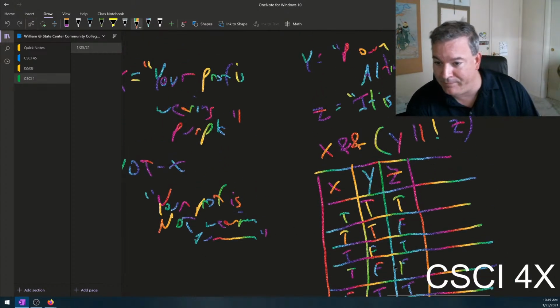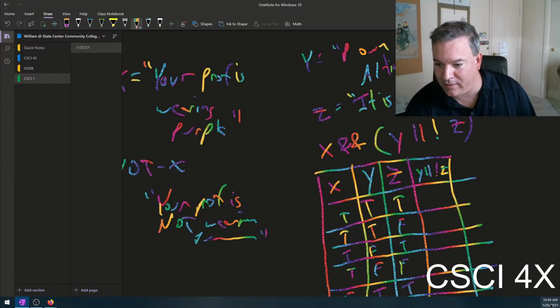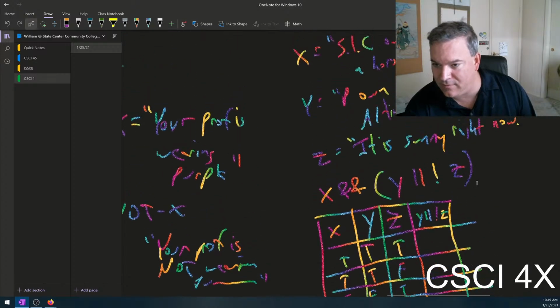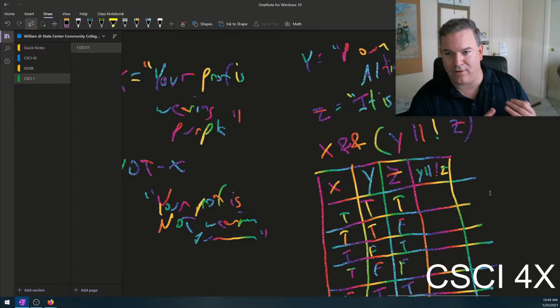With a truth table, you typically break it down one step at a time. So we can look at Y ORed with not Z first, and we'll get to the whole thing later. In what circumstances is Y ORed with not Z true? It's true if either Y is true or Z is false.